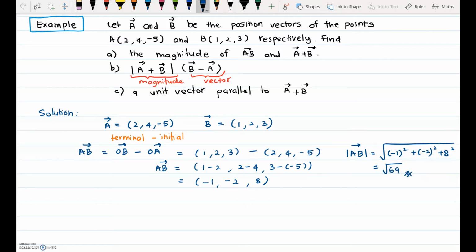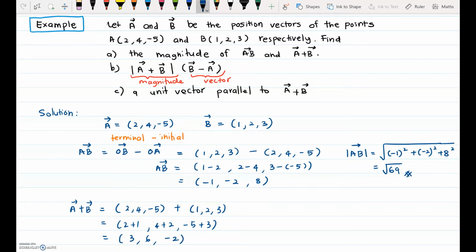Next we want to find A plus B. The vector A plus B: what is your A? 2, 4, -5 plus your B, which is 1, 2, 3. Then you get 2 plus 1, 4 plus 2 and -5 plus 3, which equals 3, 6 and -2.